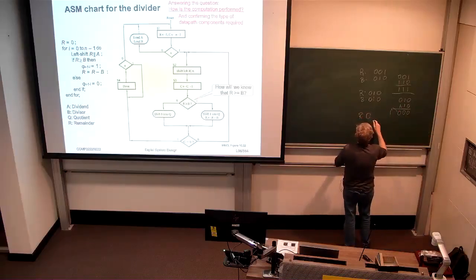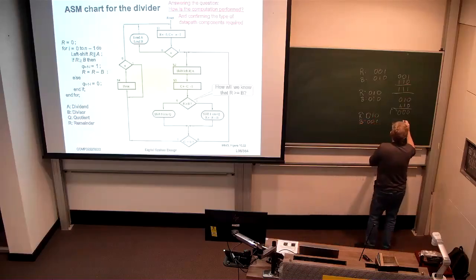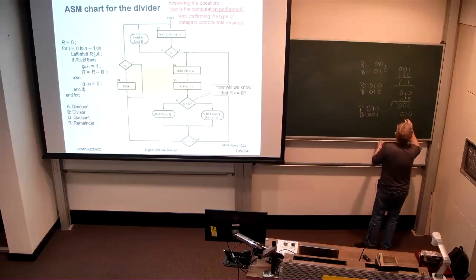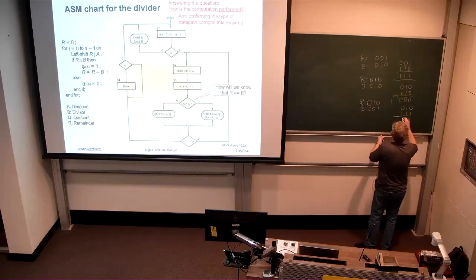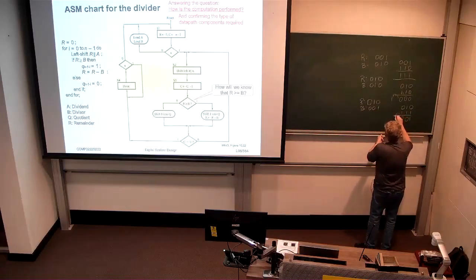And if R is 2 and B is 1, then we're going to have 1, 1, 1, 1, 0, 0, and again, a carry out of 1, right?